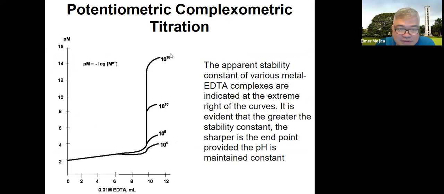This one has a strong binding with the EDTA compared to this one, and this one. So the steeper the slope is, the greater the binding of that metal with the EDTA, or the more stable the metal-EDTA complex is. Is that the question, Carmel?